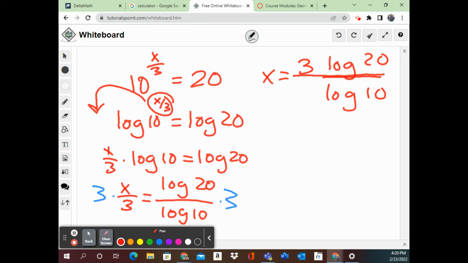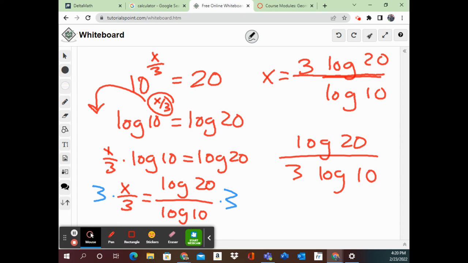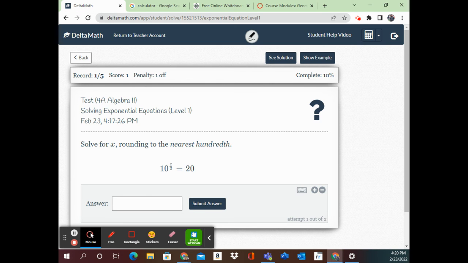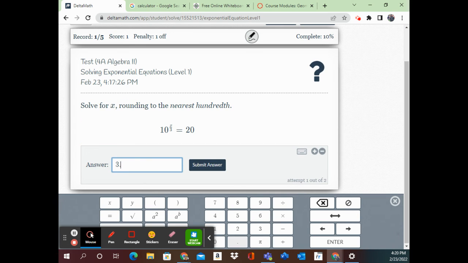If I was dividing here by 3, I would say log 20 divided by 3 log 10, right? Because again, if I'm multiplying by a fraction, I can just put that denominator with that log and vice versa, right? But that's just for some simplicity. So right now, we know our answer would be 3.9, right?